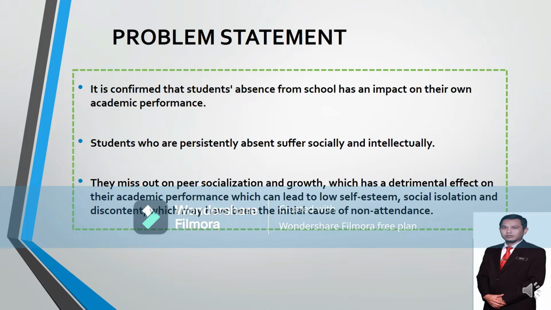They miss out on peer socialization and growth, which has a detrimental effect on their academic performance, which can lead to low self-esteem, social isolation, and discontent, which may have been the initial cause of non-attendance.